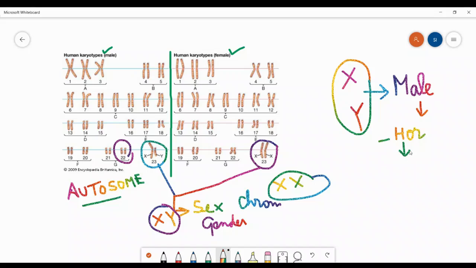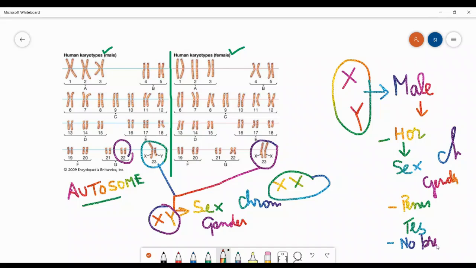And this will produce the male sexual characters or gender characters, like development of penis, testes, and no breasts, or what are called primary sexual characters.